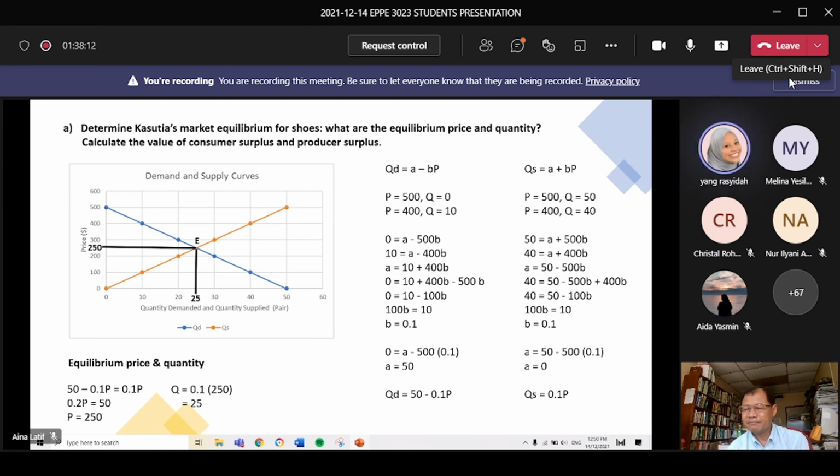As you can see at the right of the graph, I show how to get the equation for the equilibrium price and quantity, because as we know, quantity demanded equal to quantity supplied is how we get the equilibrium price and quantity. So the equilibrium price is $250 and the equilibrium quantity is 25. Next.